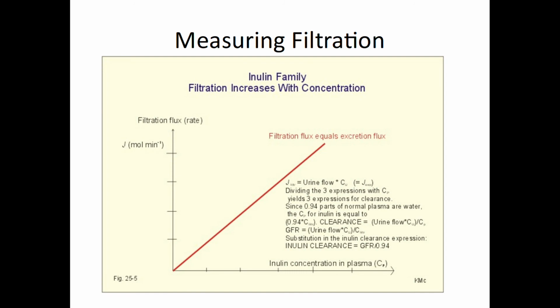Now we can measure filtration by looking at the amount of certain things that are in the urine, because some things are reabsorbed in the kidney, some things are added to the filtrate by the kidney, but for some things you just wind up with whatever was in the blood, now it's in the urine, in that quantity.